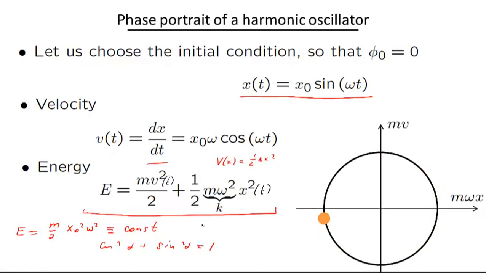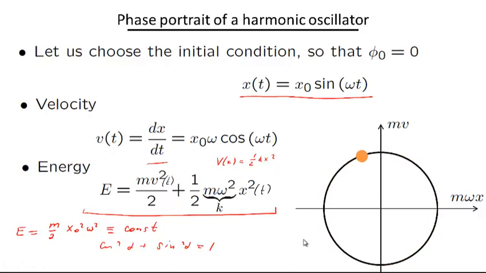And if we plot this, let's say the x-axis here is going to be m omega times the coordinate, and the y-axis here is going to be the momentum. So we see that this trajectory, basically in the phase space, describes the motion of a harmonic oscillator. It's a motion on a circle. And the radius of the circle is determined by the energy of our harmonic oscillator. And this motion is a phase portrait of this classical system.